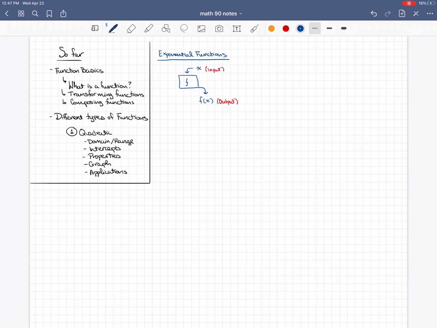So I'm going to write that here. The rule of an exponential function. An exponential function is the function a to the x. So that's how this is pronounced: a raised to the power x.